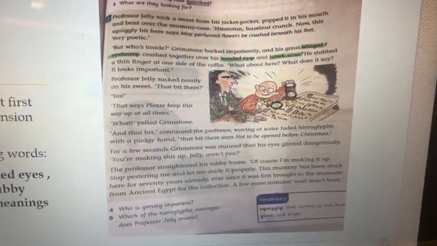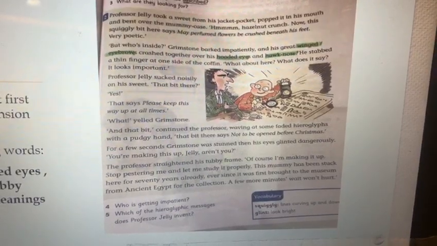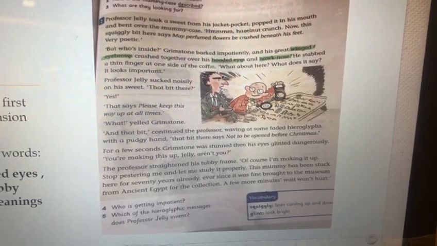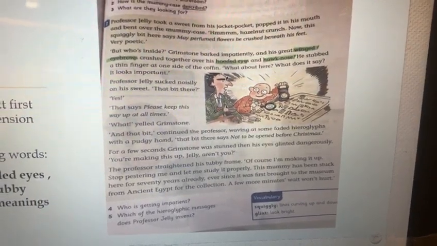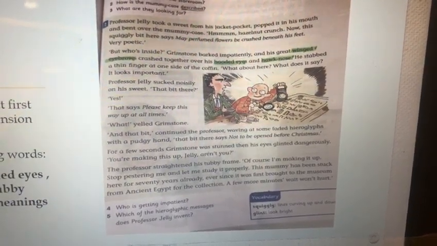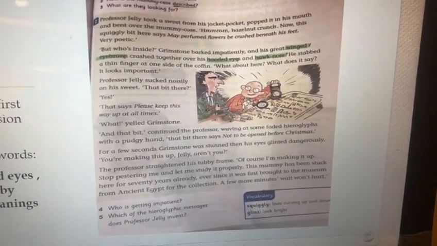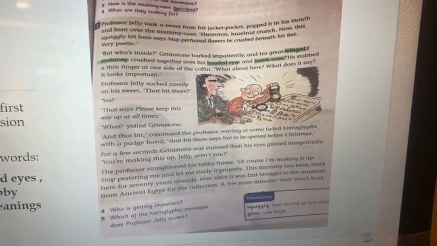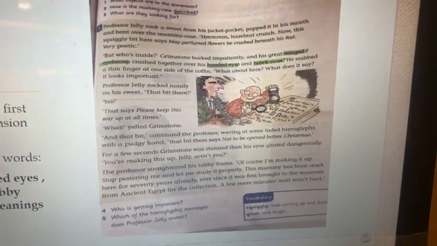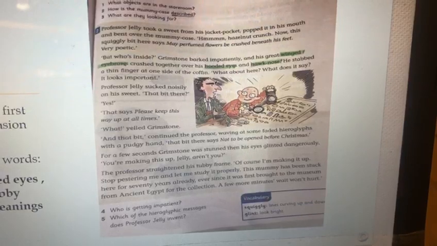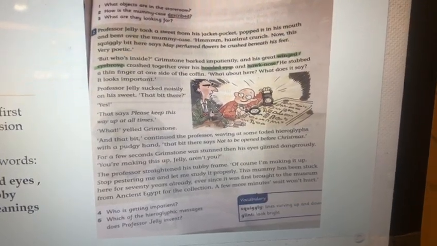Grimston barked impatiently, and his great winged eyebrows crashed together over his hooded eyes and hawk nose. He stabbed a thin finger at one side of the coffin. "What about here? What does it say? It looks important." Professor Jelly sucked noisily on his sweet. "That bit there. Yes. That says, 'Please keep this way up at all times.'"